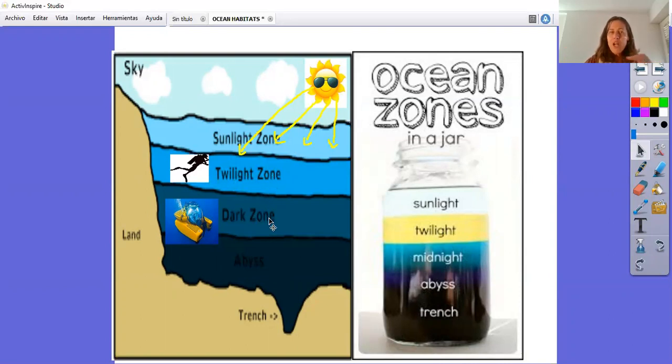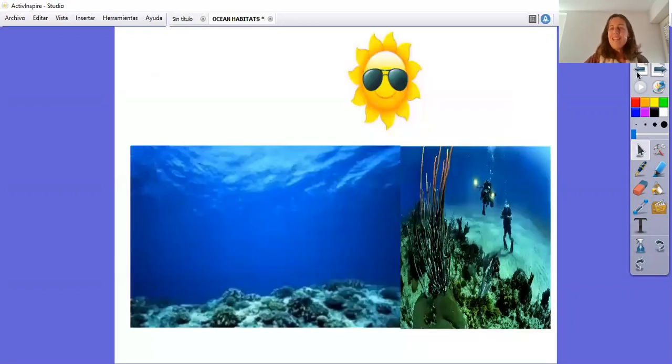And then we have the dark zone or the midnight zone. And here there is no light at all. Then we have the abyss that is completely dark, and the trench, this is the deepest zone in the sea. Okay? So let's start with the sunlight zone.